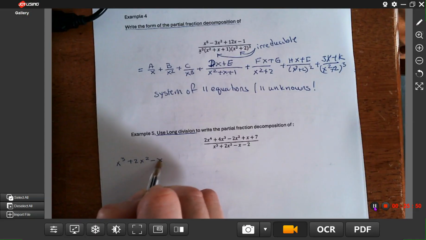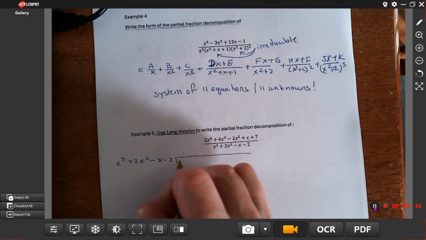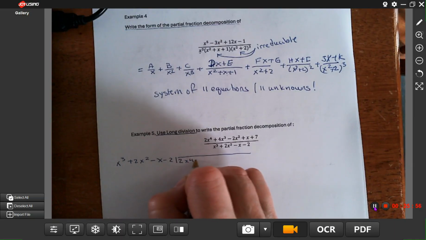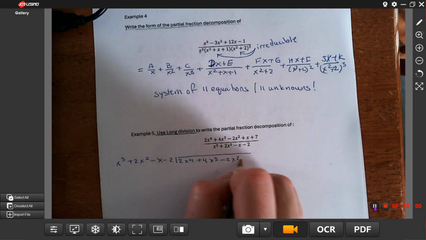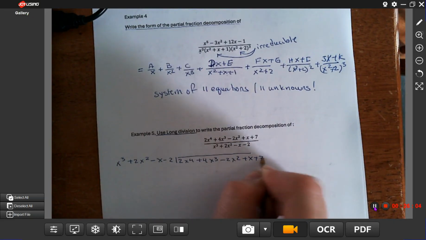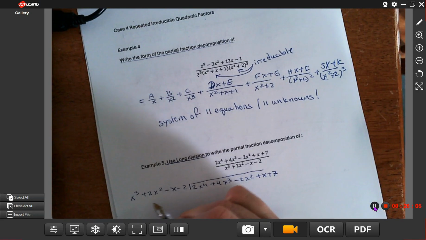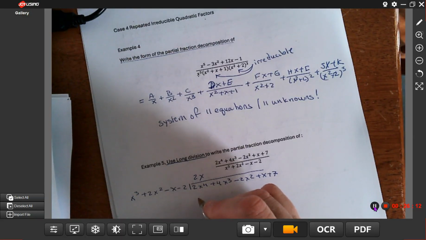So here's the divisor. I'm going to set up my long division problem. 2x to the fourth, and so on, and being careful. Alright, so x to the third times what gives me 2x to the fourth, so that would be 2x.